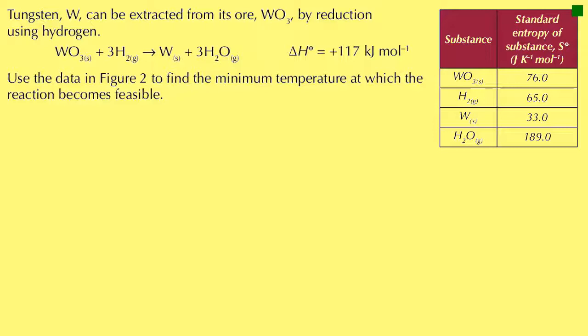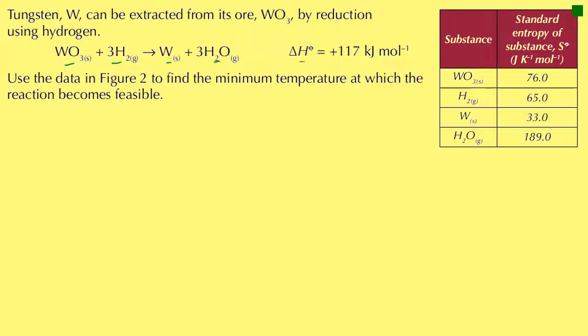So here we've got a more real example that might be an exam question. Tungsten can be extracted from its ore, tungsten oxide, by reduction using hydrogen. So you've got tungsten oxide plus your hydrogen gives you tungsten and water.